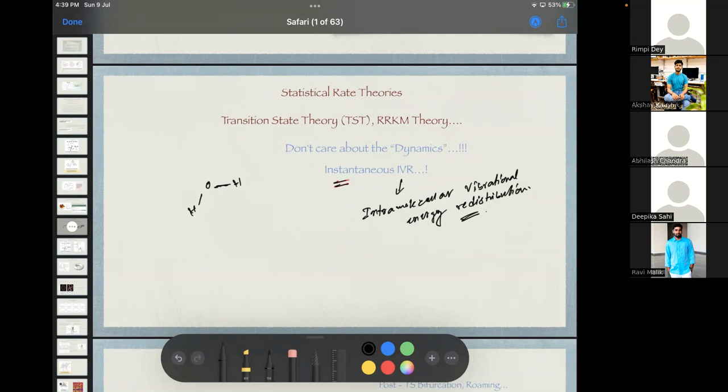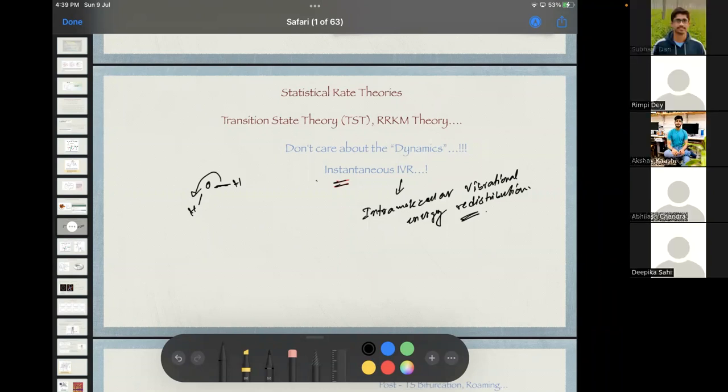How the energy transfer happens from this mode to that mode, or from the stretch mode to the bending mode, etc. — this process is called intramolecular vibrational energy redistribution. Both TST and the RRKM theory, or in general the statistical rate theories, assume that the time scale of IVR is instantaneous.